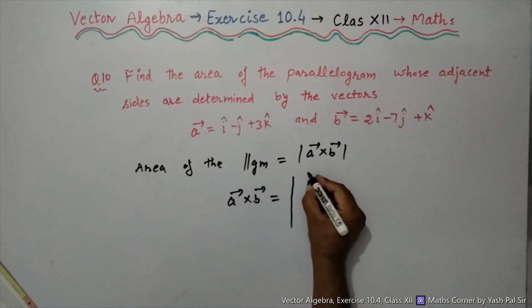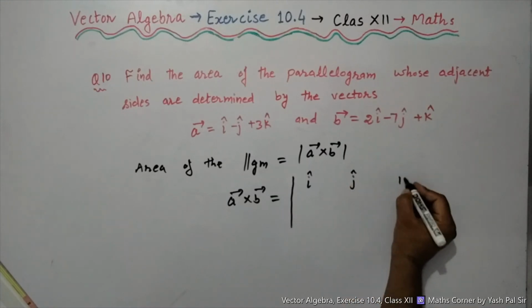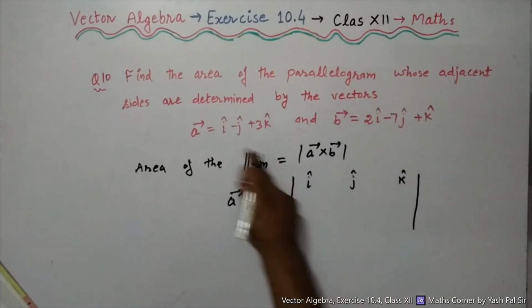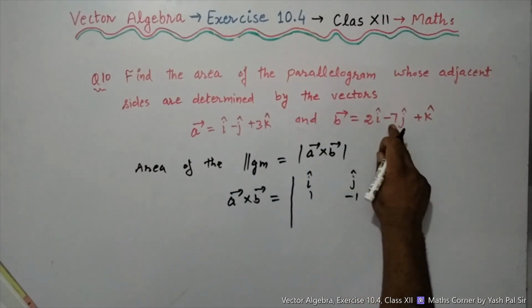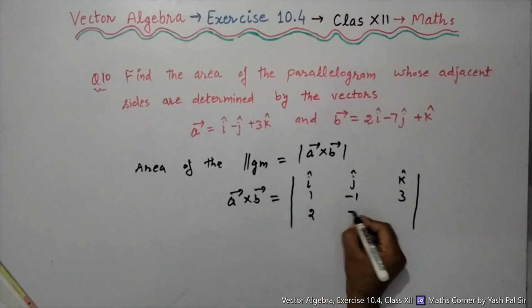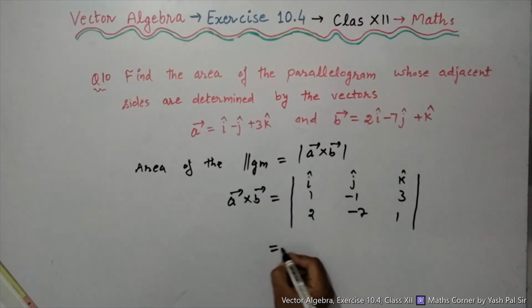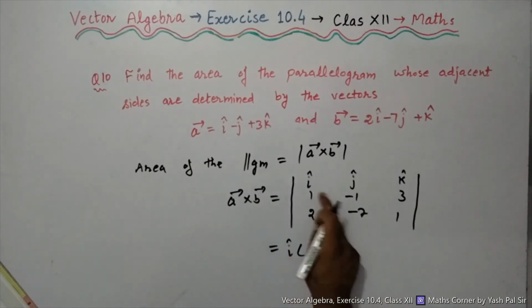So here A cross B is equal to the determinant i, j, k, 1, minus 1, 3, 2, minus 7, 1.